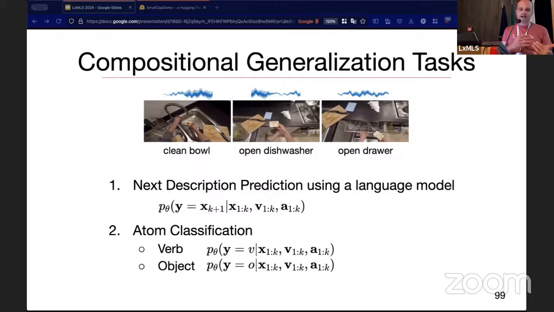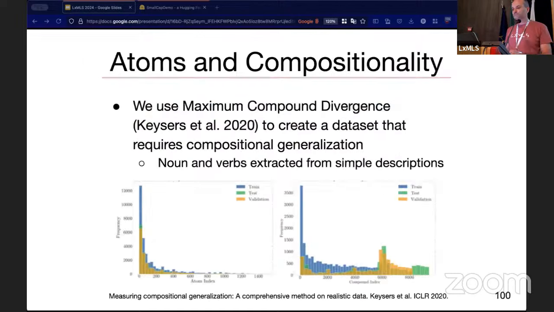Or, just to disentangle what's happening in the language generation from a classification problem, just the prediction of which verb is going to be the next active verb or which object is going to be used as the next active object within the sequence. And so we take this data set and we split it using maximum compound divergence, which is going to give us a data set that requires compositional generalization.